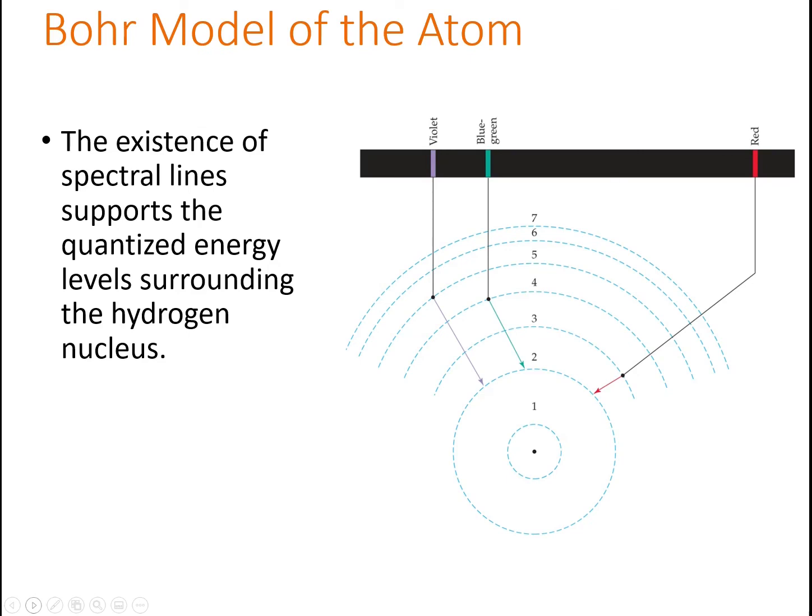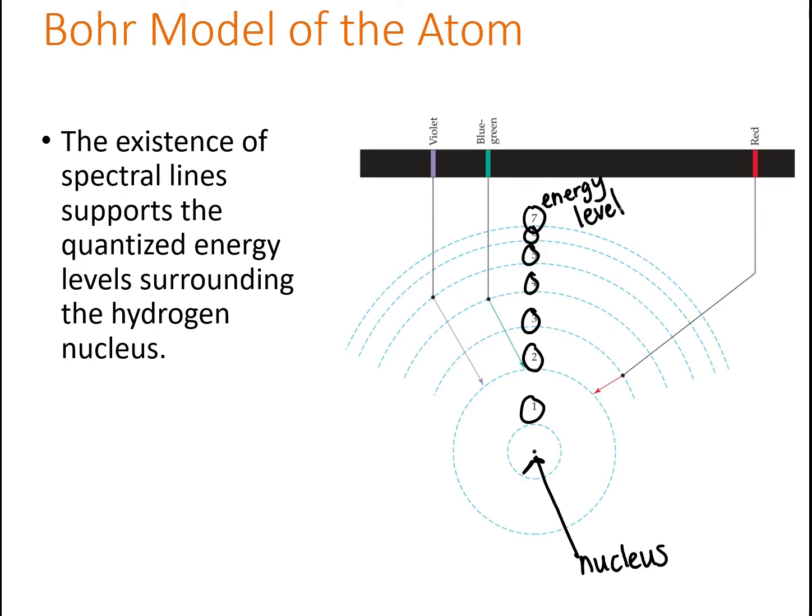So Bohr had it mostly right, okay? You have these quantized energy levels. You've got your nucleus in the center, and each of these numbers represents an energy level. The higher the energy level, the further away that electron is from the nucleus.